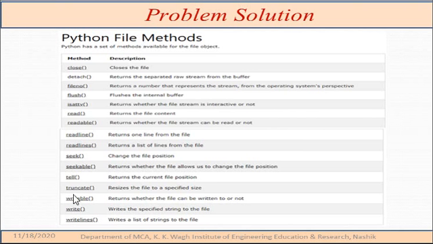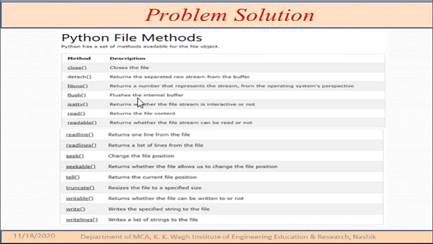These are the different file methods we get in Python. As I said, close is used to close the file, whereas detach returns the separated raw stream from the buffer. Then fileno returns a number that represents the stream from the operating system's perspective.